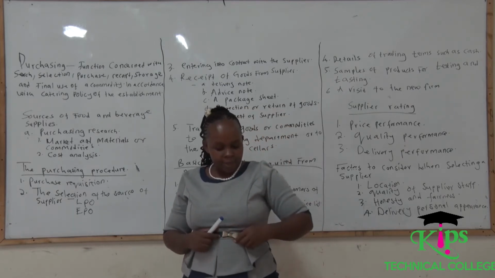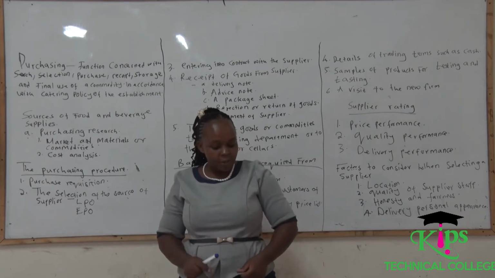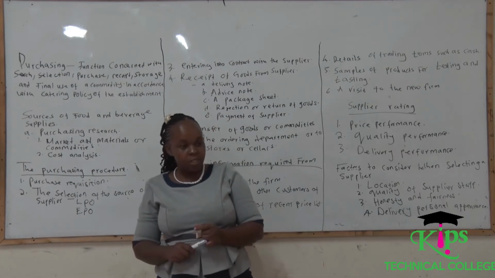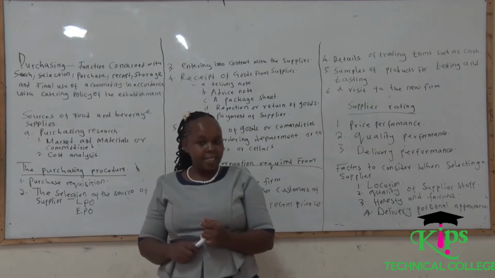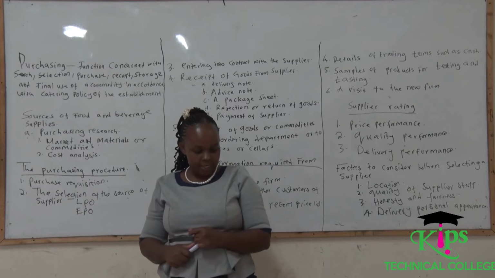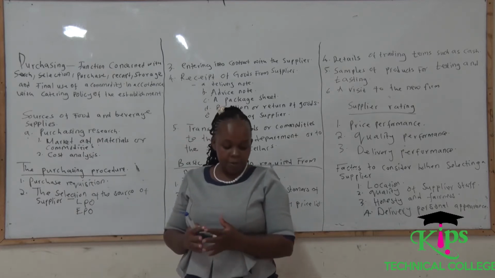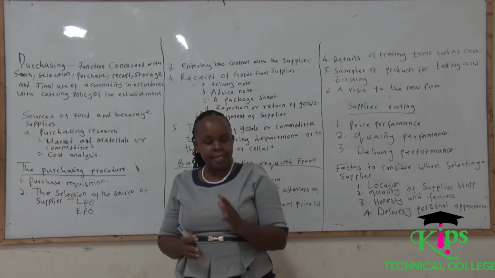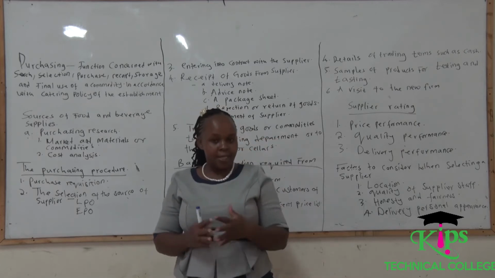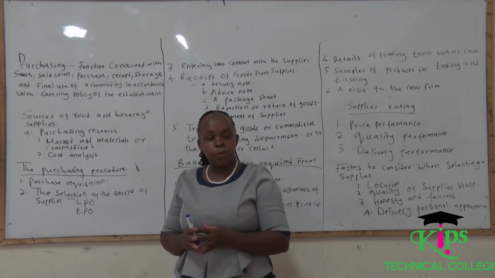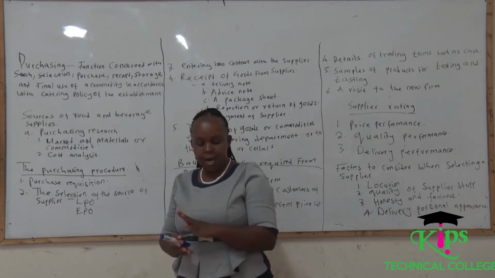The purchasing manager is in charge of purchasing of all commodities. Number three, ensuring continuity of supply of all items to user departments. And number four, finding cheaper for the same quality and more efficient sources of supply, such that you don't buy items that are expensive. You look for someone who is selling them at a cheaper price that you can be able to achieve, but should be of high quality.